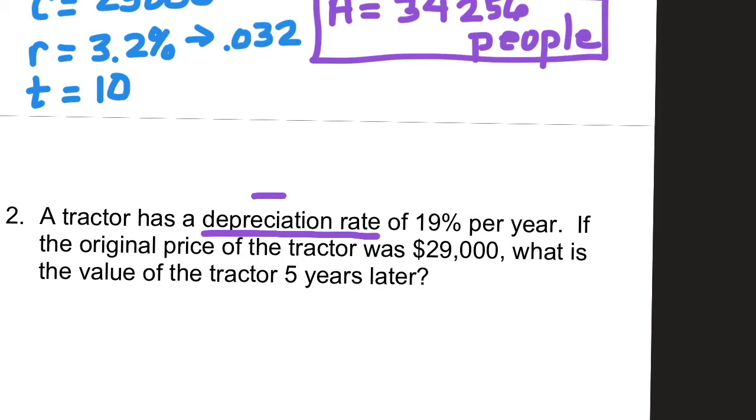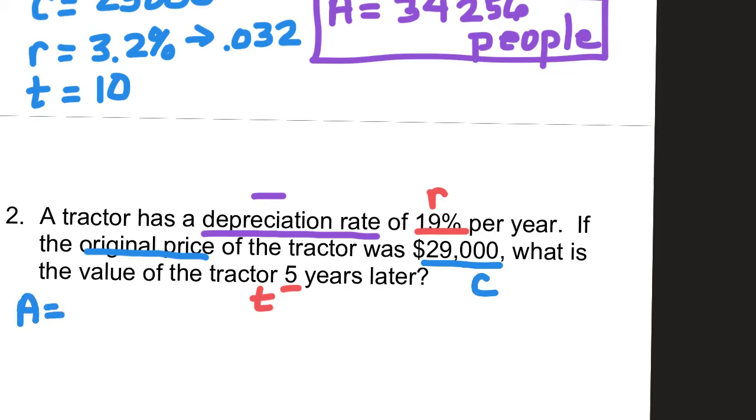So looking at these, we know that 5 is going to be our time. 19% is going to be our rate. But the original price in this case is $29,000. That's going to be our C. That can also be named our initial price.